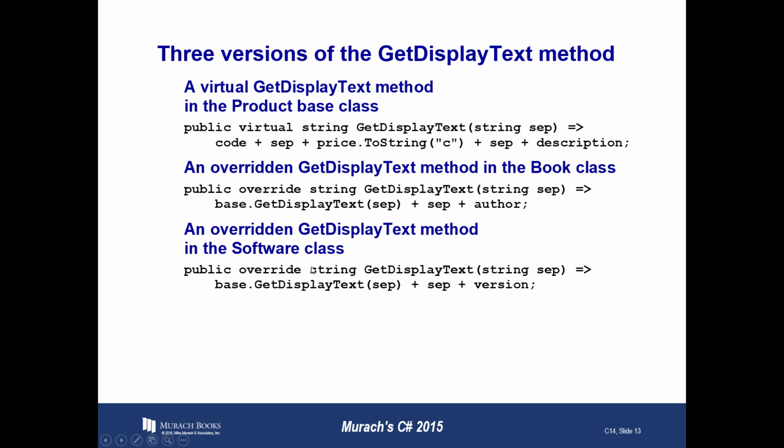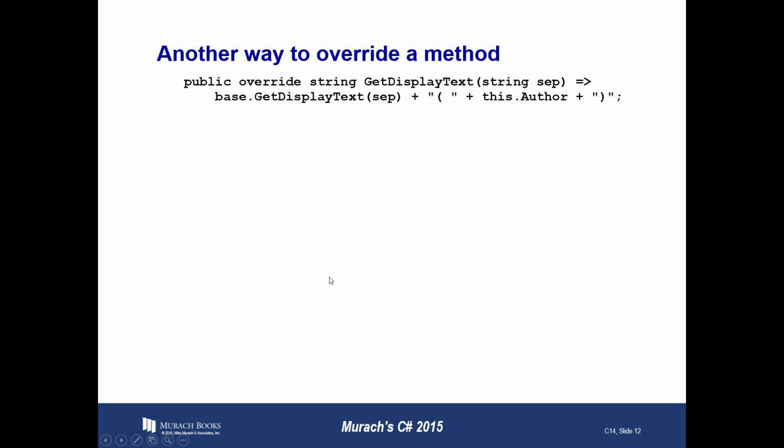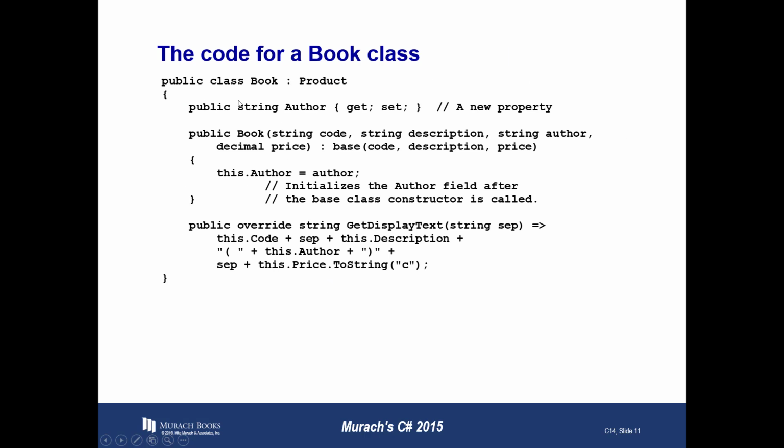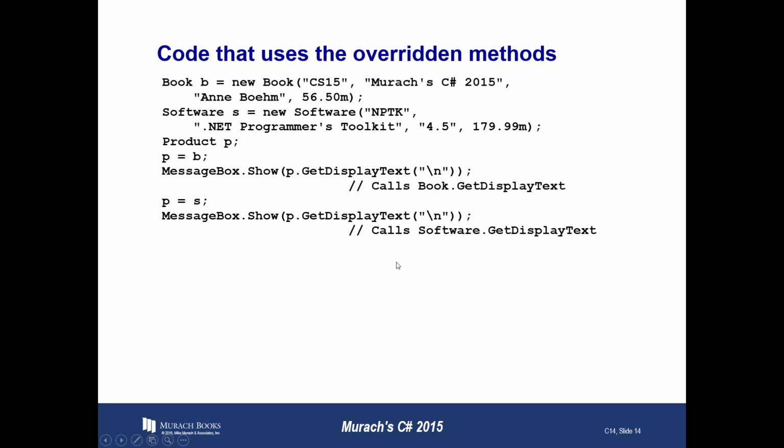Now here in the software class, we're also overriding it, but the software class has a version as opposed to an author. So the software class, when we create it, it will look very much like this, except it'll say software there, version there, version there, version, and version. Other than that, it'll look pretty similar.